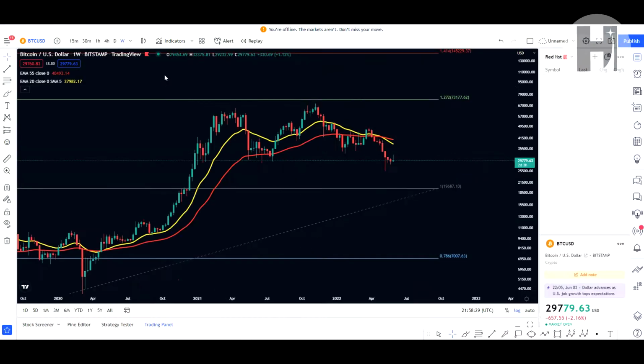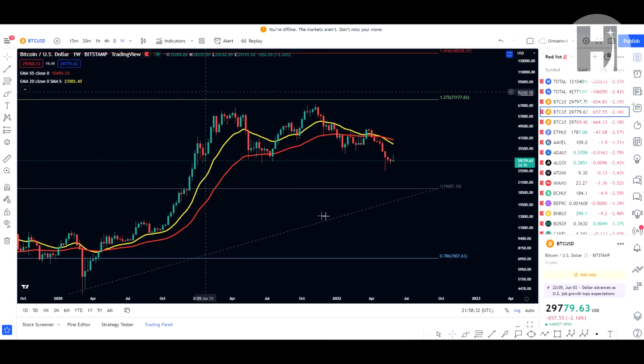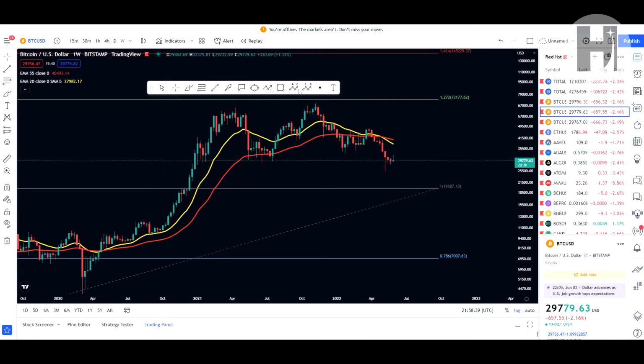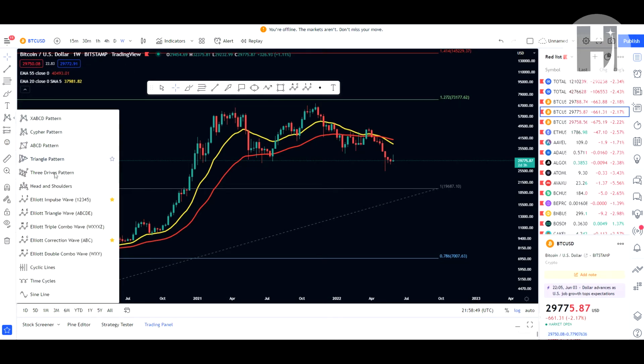If you want to add in the Elliott wave theory waves over here, I have them in my quick toolbar. What you can do is go to the 6th column, counting 1, 2, 3, 4, 5, 6. Right here, you're going to see the Elliott impulsive wave, the Elliott triangle wave, and there are different Elliott structures here, but I'm using the Elliott impulsive wave 1, 2, 3, 4, 5, and the Elliott correction wave ABC.